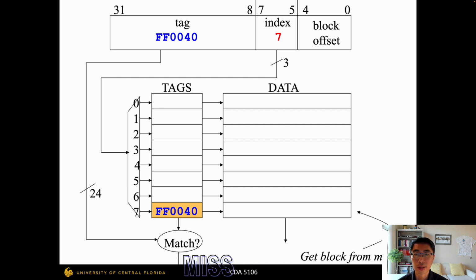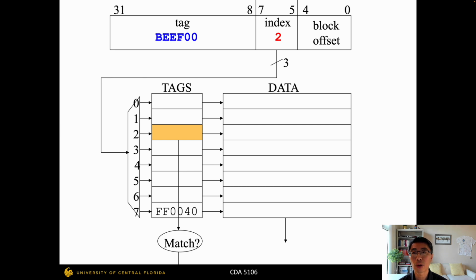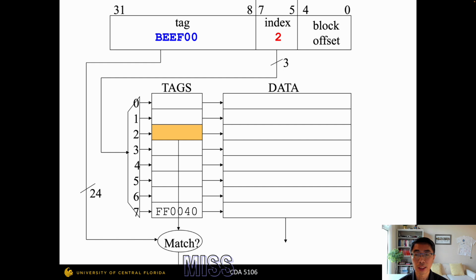Next, we access index 2. We activate row number 2, read out the tag, and compare it against the tag that we want to access, in this case BEEF00. Since the tags do not match, the cache doesn't have the requested block.